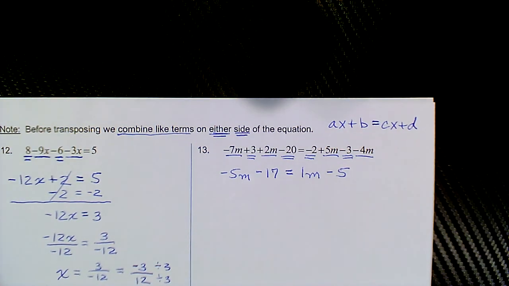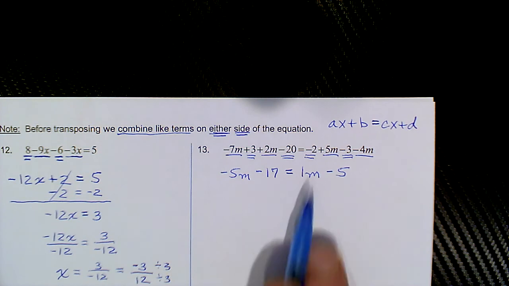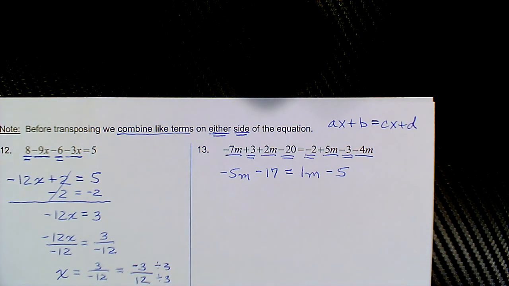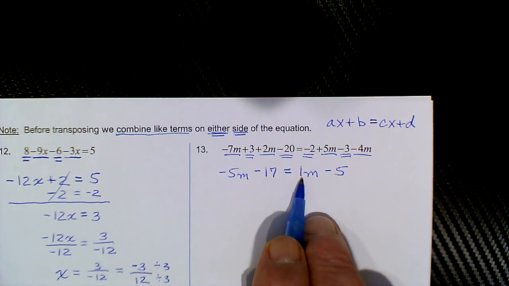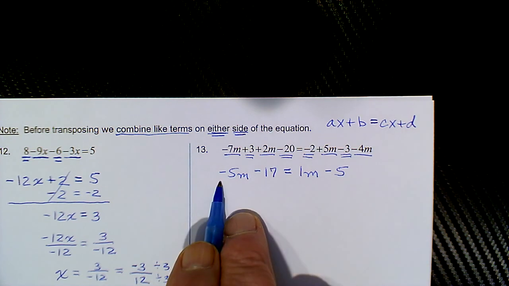And now you have to decide, because the variables are on both sides of the equation, which side of the equation you want to bring the variable to. And I'm going to choose to use the guideline, and in this case bring the variable to the right hand side, because the coefficient of m is 1, which is greater than -5 on the number line.